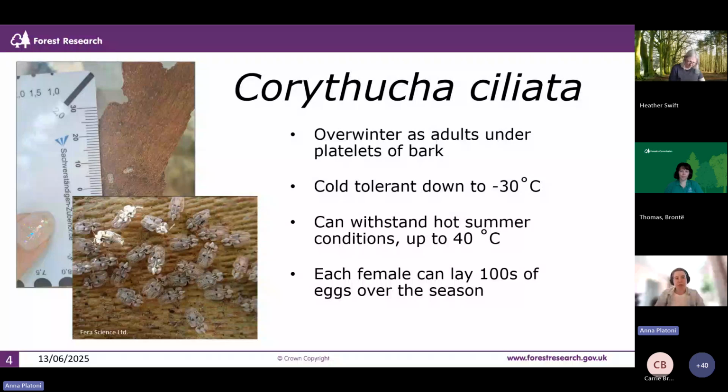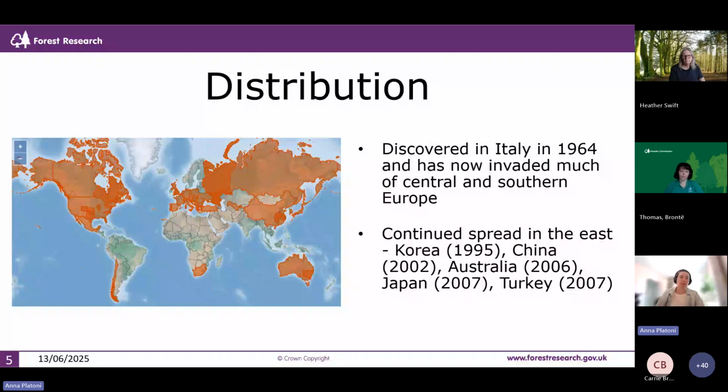So, the distribution of this pest. I've said it's native to the Americas. It was first discovered in Europe in 1964, and since then it's spread across much of Central and Southern Europe. More recently, it has spread across parts of Asia, into Japan, and into Australia.